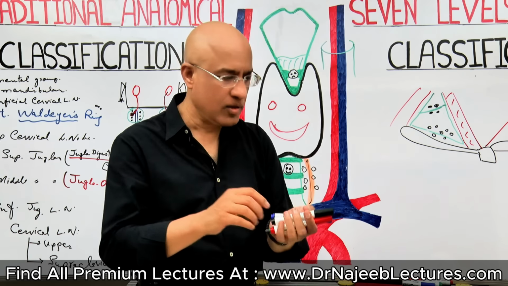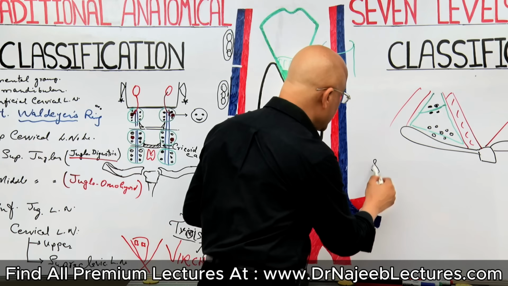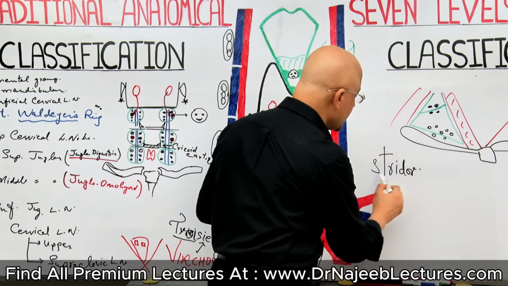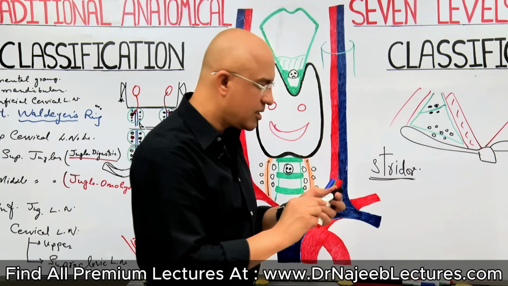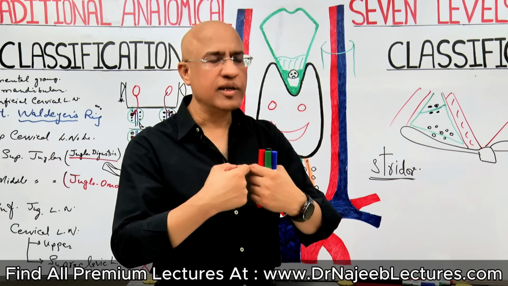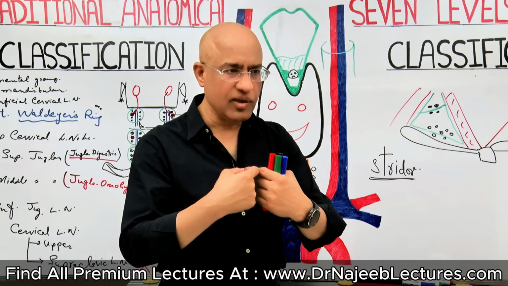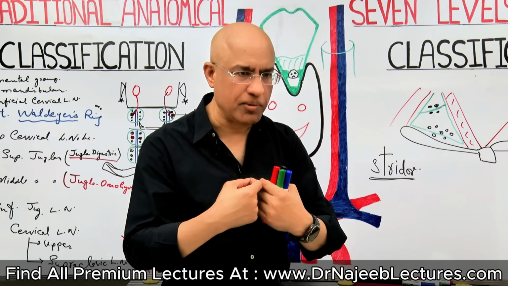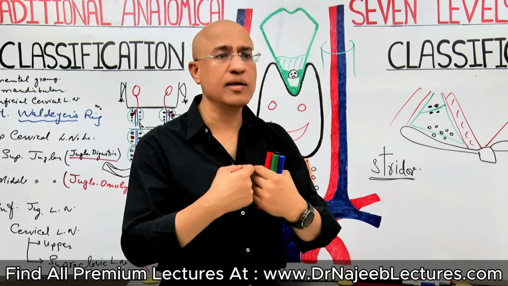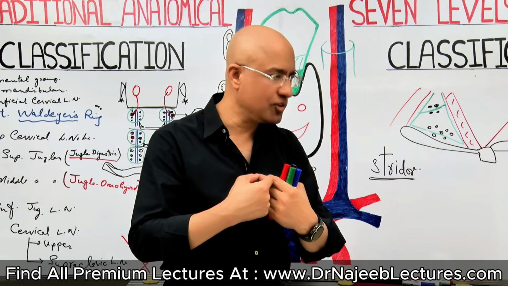So if the recurrent laryngeal nerve is damaged on one side, there are respiratory difficulties and also a phonation problem in speaking, and inspiratory noises which we call stridor.